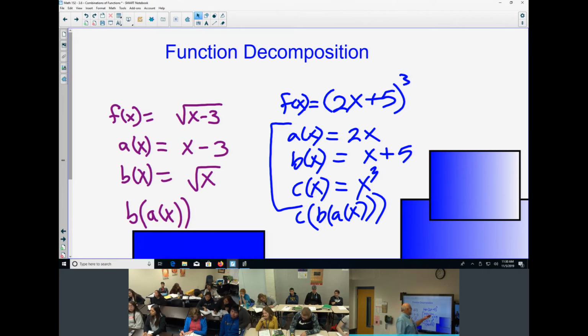Now, you might combine a couple of these, so you could break it down into 2 functions instead of 3. I like to do it step by step like that. All right, so go ahead and try practice 3A.